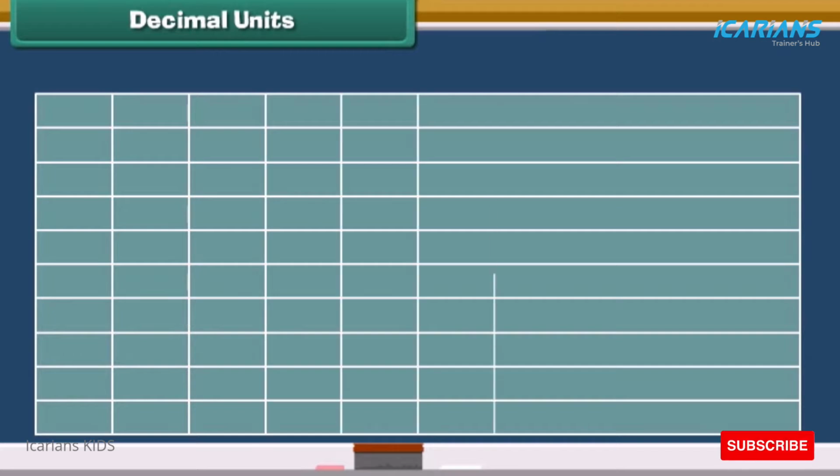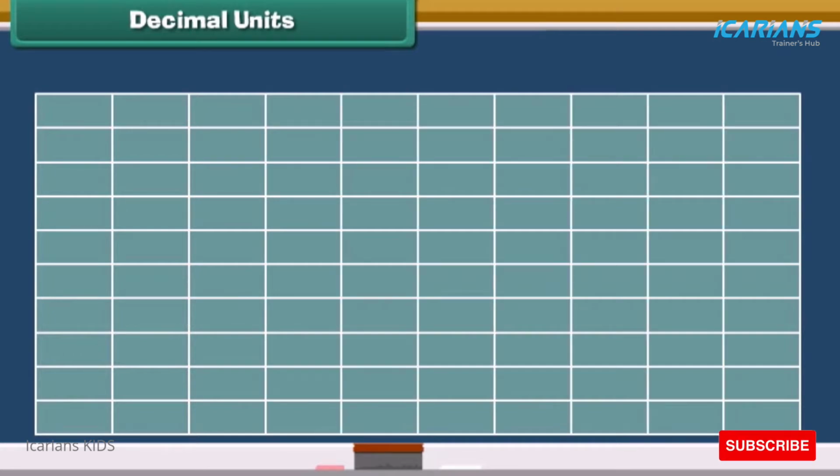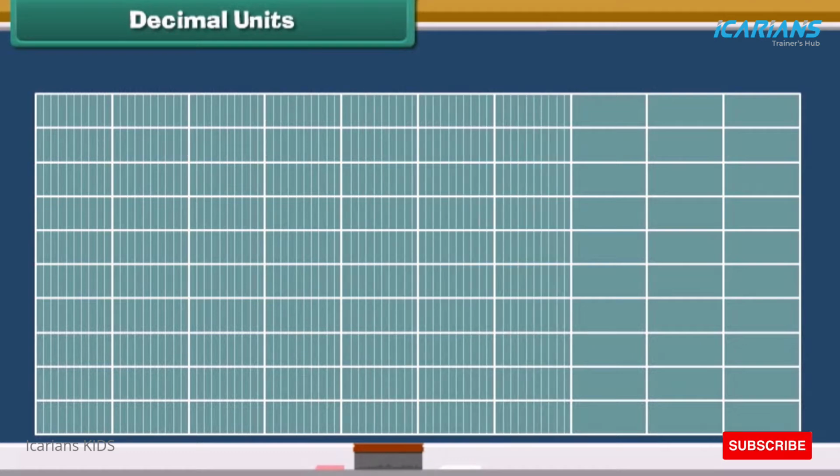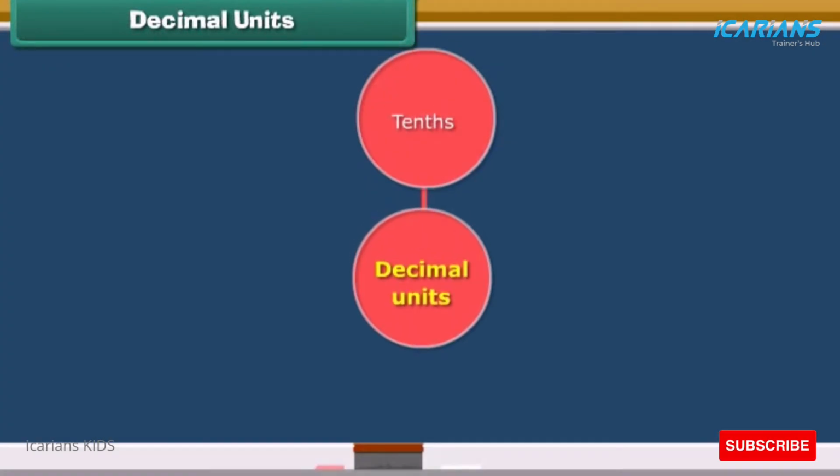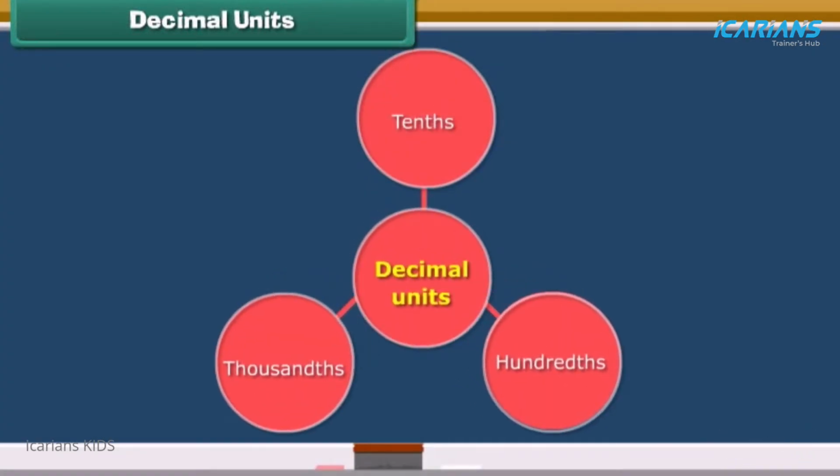Now, if we divide those rectangles into 10 smaller rectangles, then we have 10 times 10, or 100 parts of 1, that is hundredths. Dividing those rectangles into 10 smaller rectangles, we have 10 times hundredths, or thousandths parts of 1, that is thousandths. So, the fractions tenths, hundredths, thousandths are called decimal units.